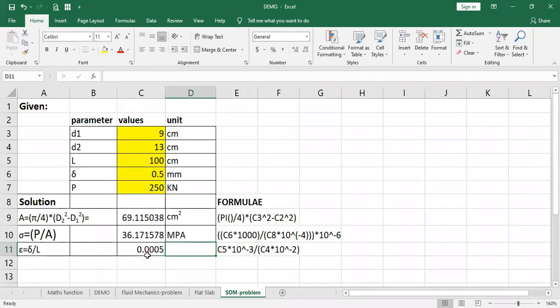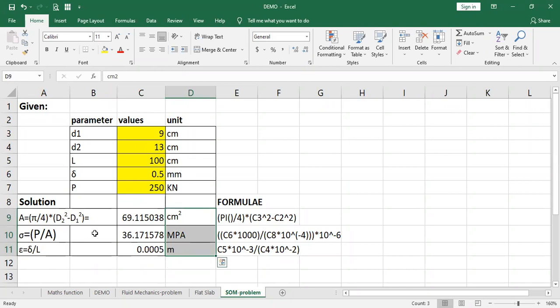So finally 0.0005 you got here as meter. So these are the formulas, these are the values, these are the units of it.